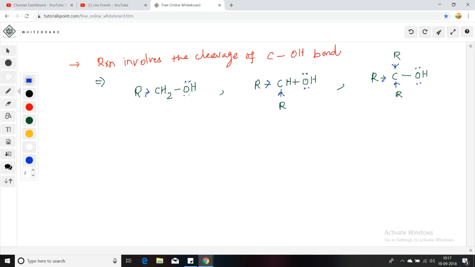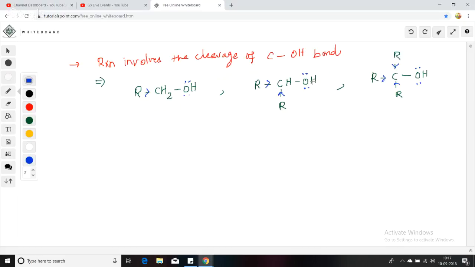Now in which case will the electron density on the oxygen atom be maximum? If you see here we have one alkyl group, 2 and 3. So obviously here the electron density is maximum.